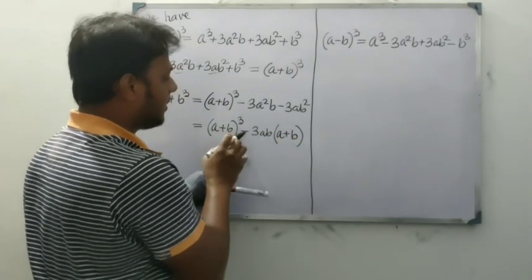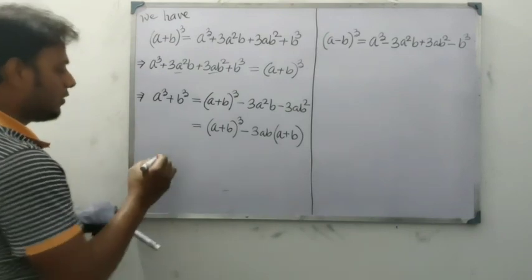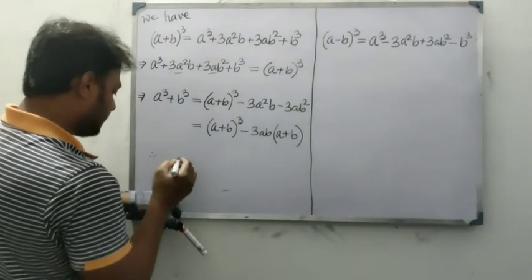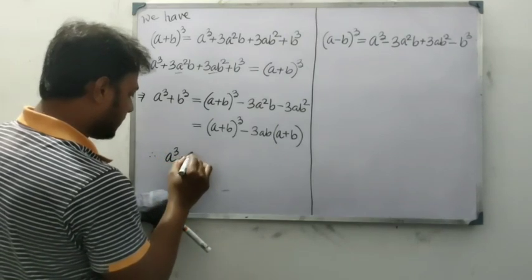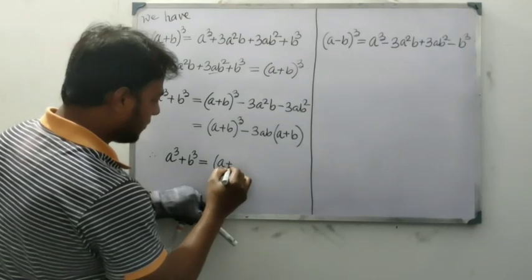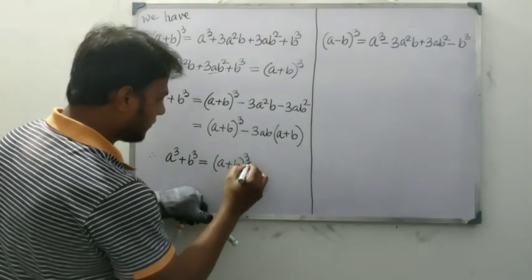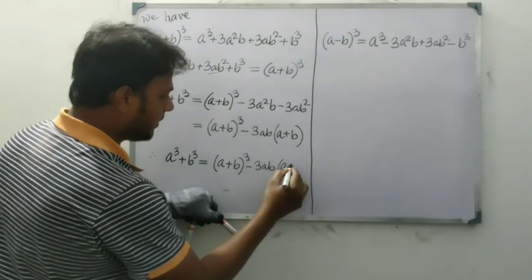Since we have taken minus common, it will be plus. So ultimately we get a³ + b³ = (a + b)³ − 3ab(a + b).